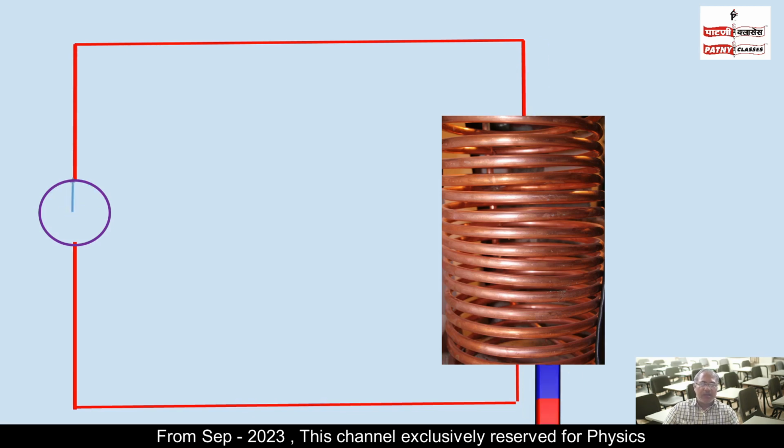And whenever there is an EMF, the current is always behind it. So whenever the EMF is produced, current is also produced in the coil. This current is called induced current. Thus, when the magnet is moving to and fro inside the coil, two things are happening. One is that induced EMF is developed, and because of the induced EMF, the induced current is produced in the coil.